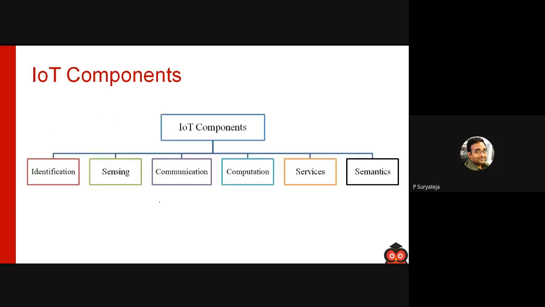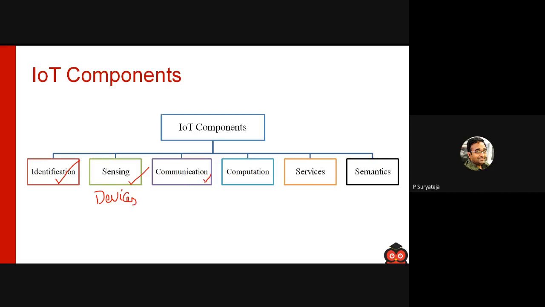These are the different IoT components. If you are looking at IoT systems, what are the different components you can see? These are the 6 components. We have identification technologies. We have sensing, that is, these are devices.